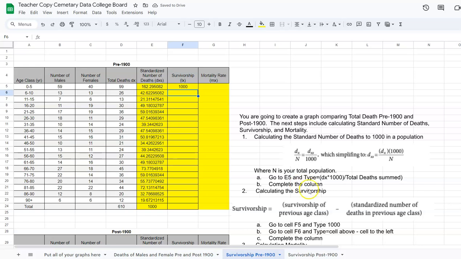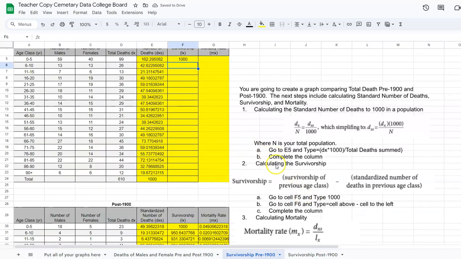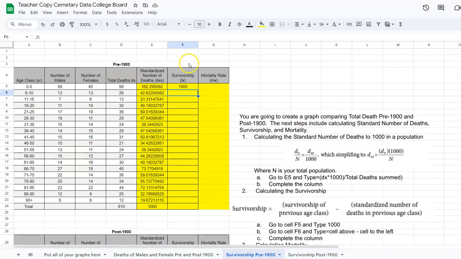Now, the next thing I want to do is calculate the survivorship. So the way survivorship curves work is that you start with a population of 1,000, because I standardized everything to 1,000. And then every time a certain part of the population dies, we've got a new value. And then some more, a new value. Some more, a new value. So basically, I'm going to take the survivorship of the previous class, which is this one, and subtract the deaths in the previous class.